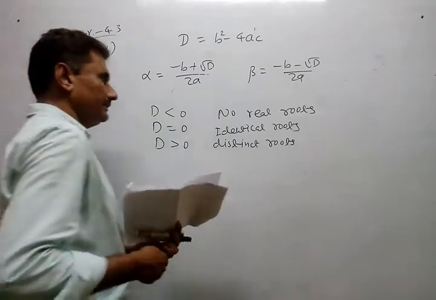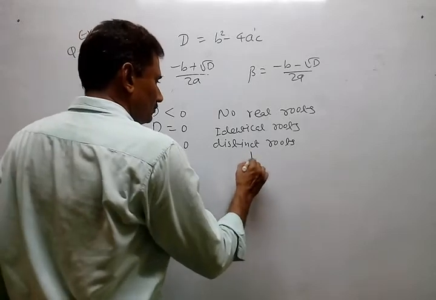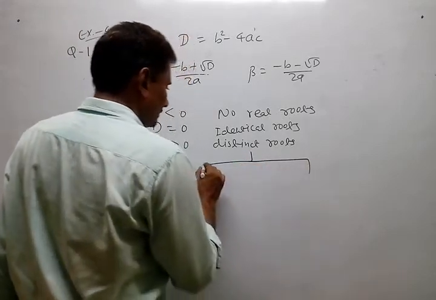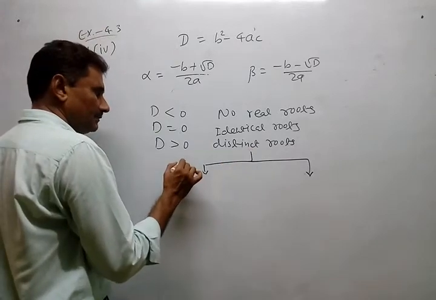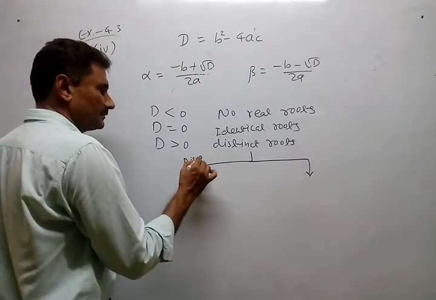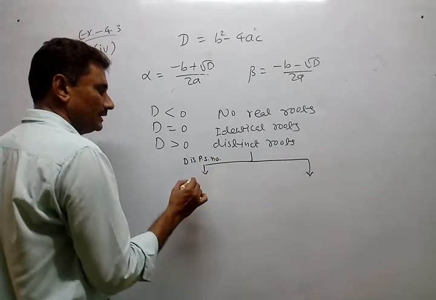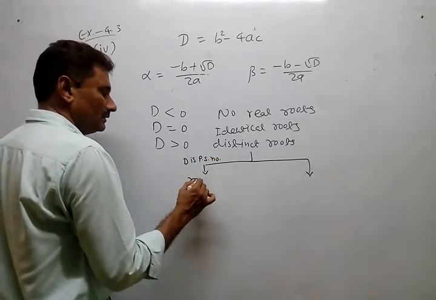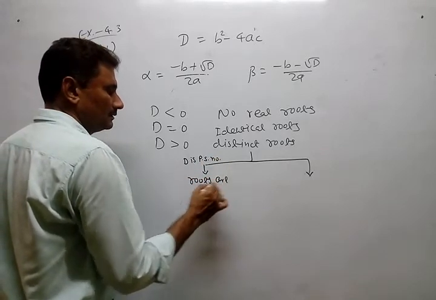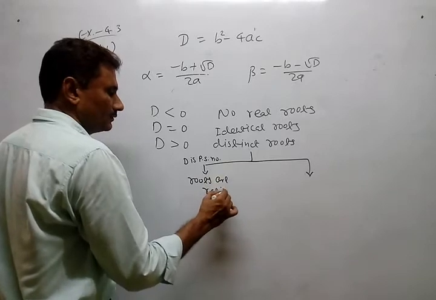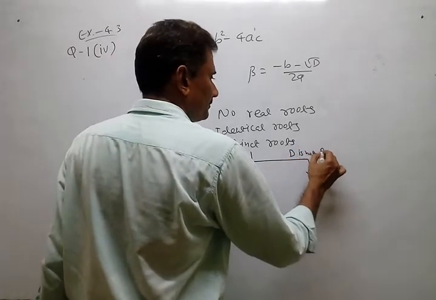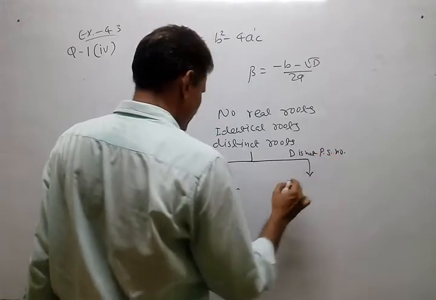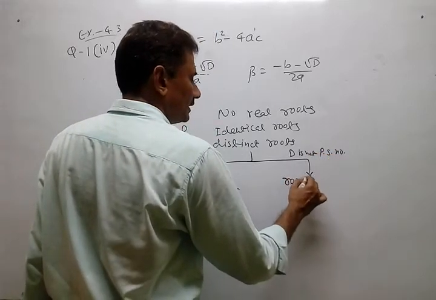So if you again want to divide it into two cases, then if d is a perfect square number, then roots are rational. If d is not a perfect square number, obviously roots are irrational.